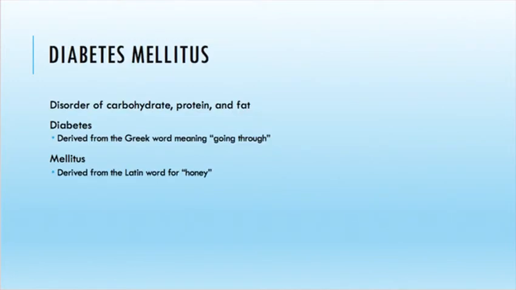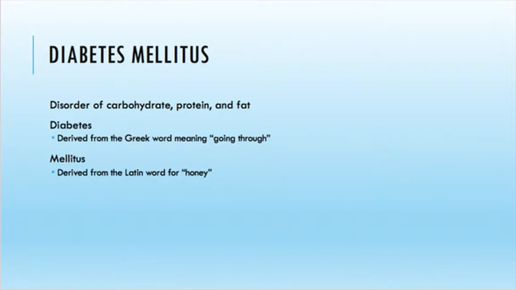All right, so more specifically on diabetes or diabetes mellitus, it is a disorder of carbohydrate, protein, and fat. It results either from the lack of insulin production, the lack of response to insulin, or sometimes both. So when you see type 1 diabetes, it is the lack of insulin production.